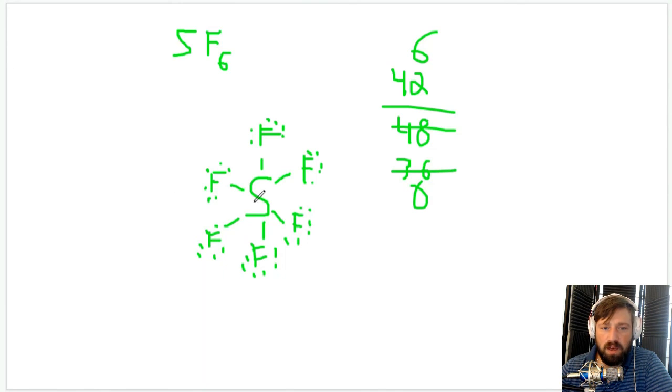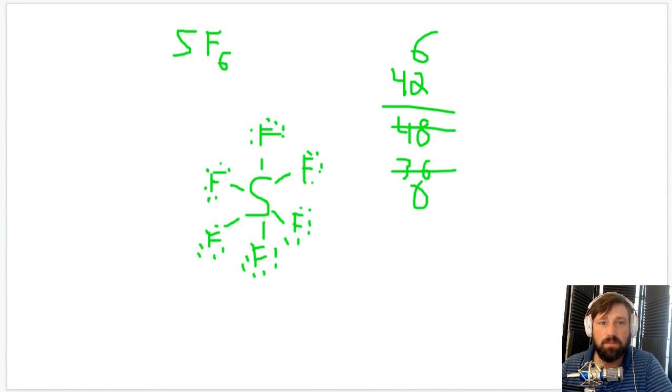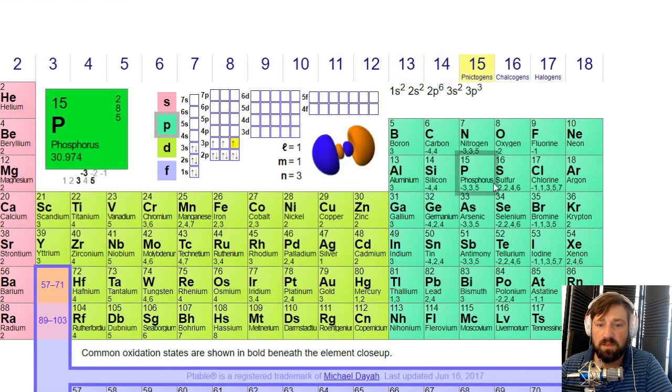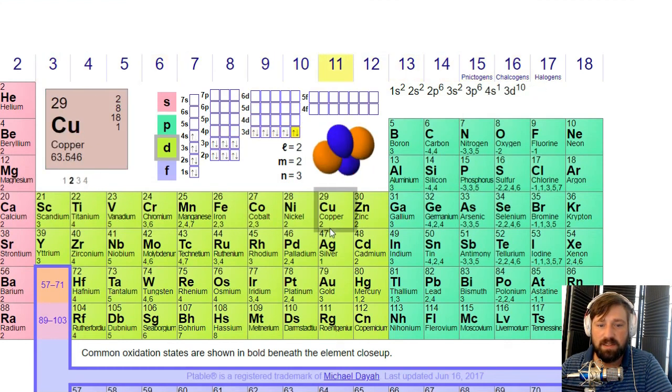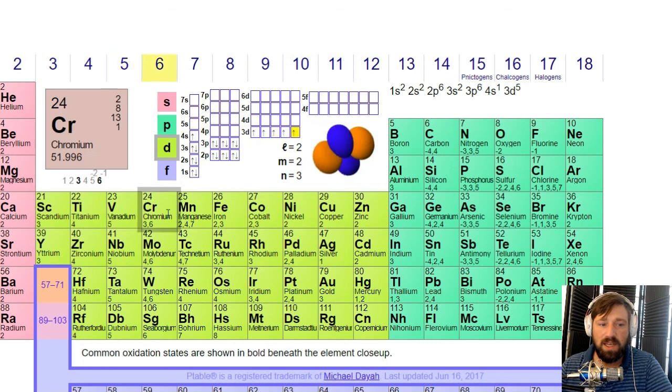If you look here at octets, the fluorines are all happy. They all have an octet. But sulfur here has 1, 2, 3, 4, 5, 6, 7, 8, 9, 10 electrons. 2 more electrons than it had before. How can it possibly have that? Well, remember, it's because sulfur has access to these 3d orbitals, which means that extra 2 electrons can exist in these d orbitals.